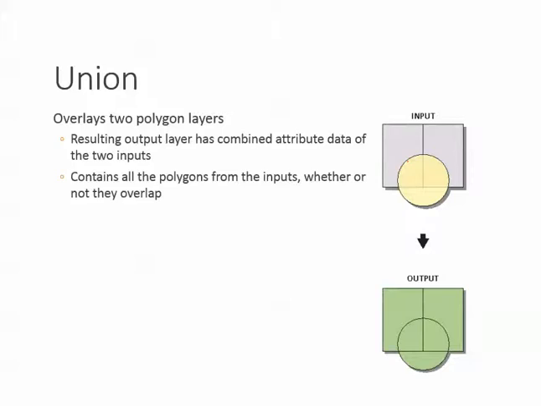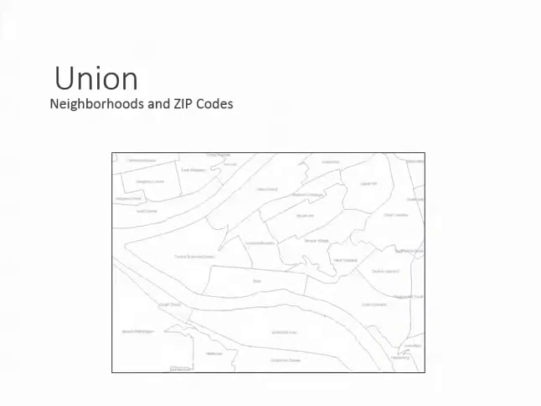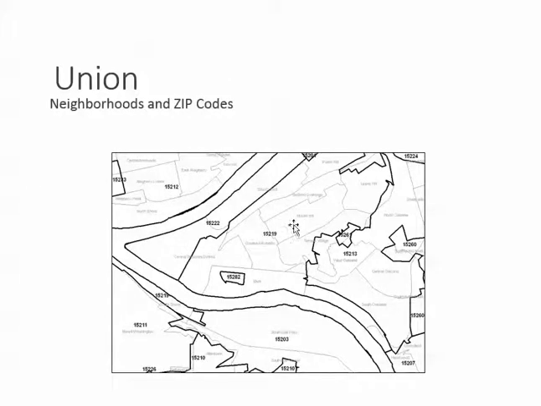For example, if we have a neighborhood layer in downtown Pittsburgh, so these are all of our neighborhoods, and we also have a zip code layer. And remember, these are layers with lots of information that came from different sources. So whoever created the zip code layer added attributes that they were able to find based on zip code, and we also have a layer that is the neighborhoods with attributes based on those neighborhoods. So how can we get all of those attributes together? A union is a great way of doing that.